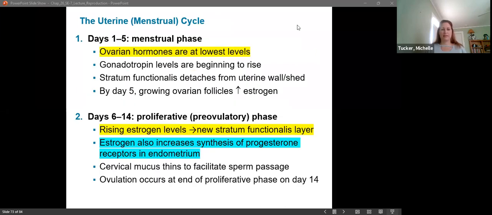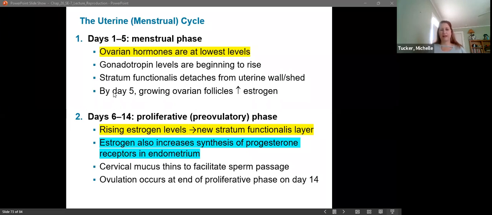In the first 5 days of the menstrual cycle, ovarian hormones are at the lowest. So we've got low estrogen and low progesterone. The corpus luteum has degenerated, so progesterone levels are low, and then estrogen levels are low too. Gonadotropin levels are beginning to rise, so FSH, LH. The stratum functionalis is going to detach from the uterine wall. We'll talk about how that happens.